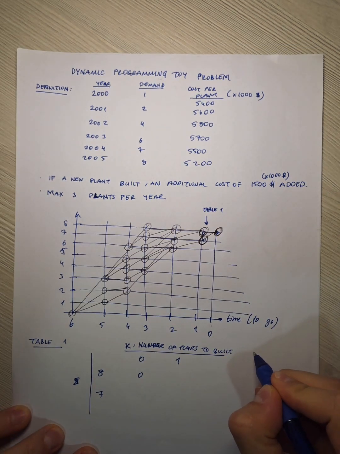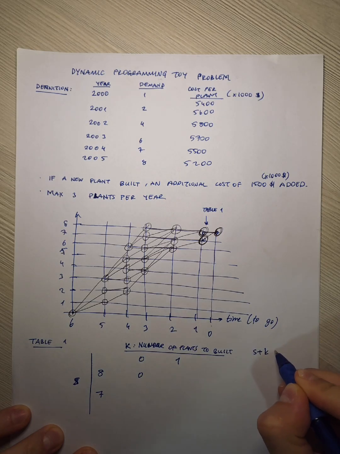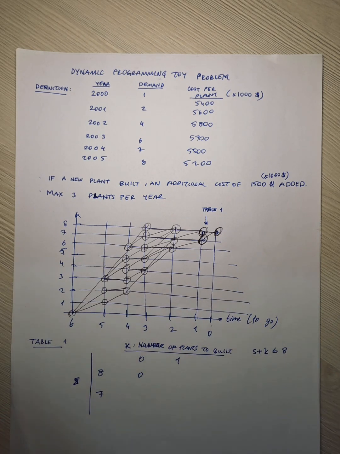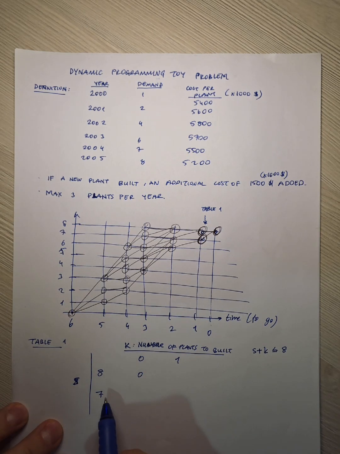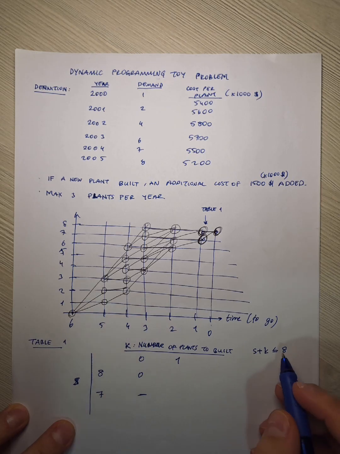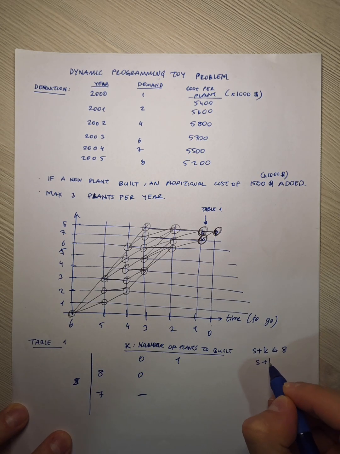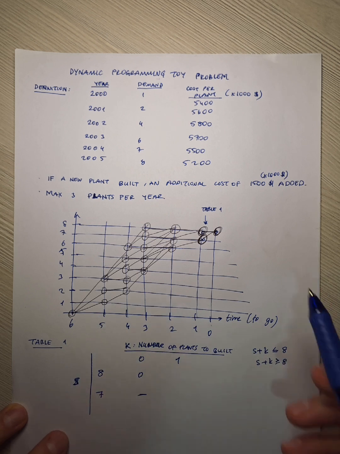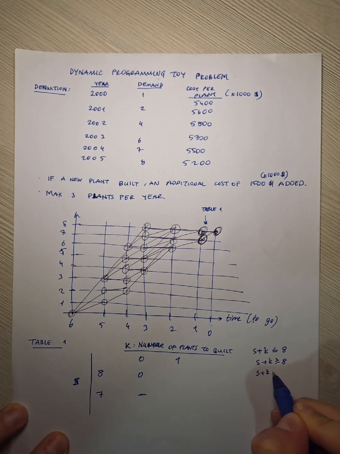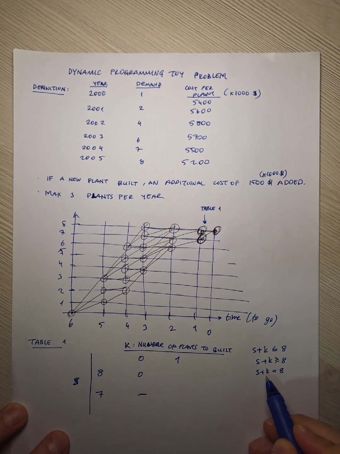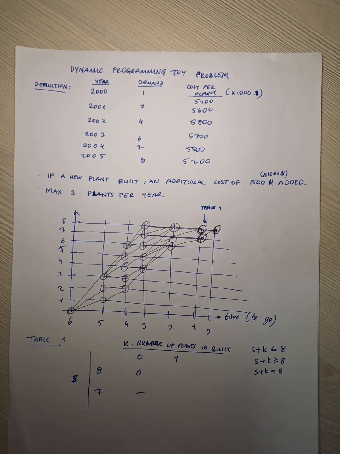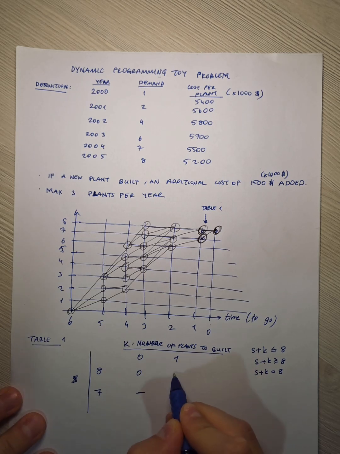So let's say s plus k should be smaller or equal than 8. Okay, so if you don't plant any, if you are at 7, it's not possible, because s plus k should also be greater than 8 for this table. So there's only one option then, state plus number of plants we put is 8. Okay, so this is impossible.